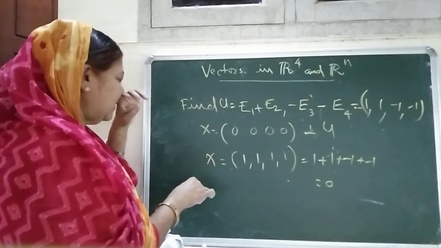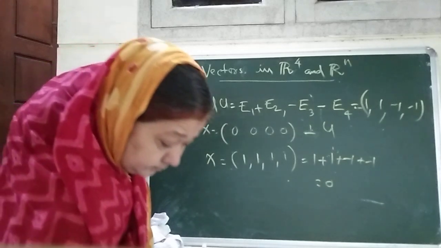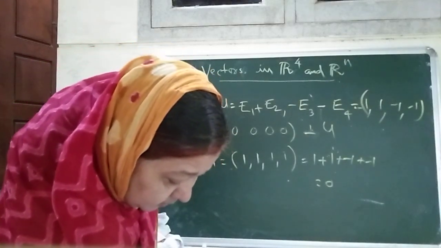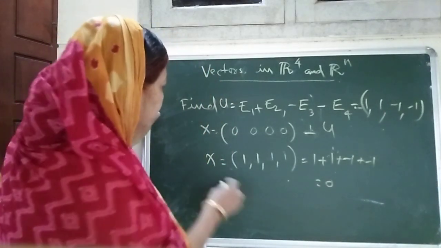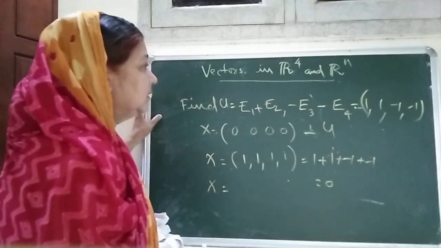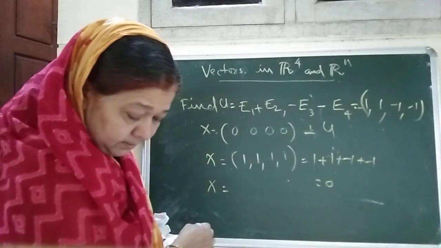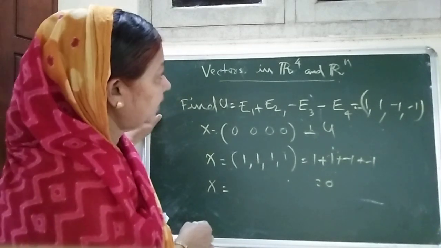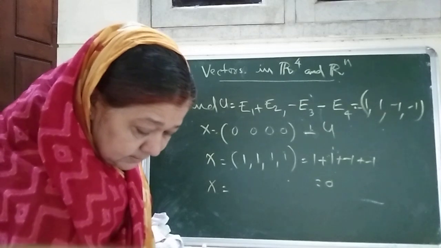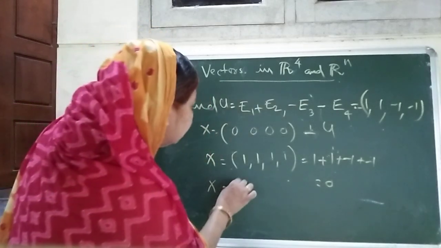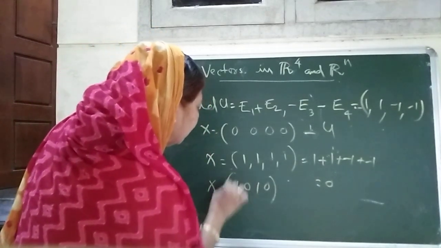Similarly, we can find another vector, 1, 0, 1, 0.